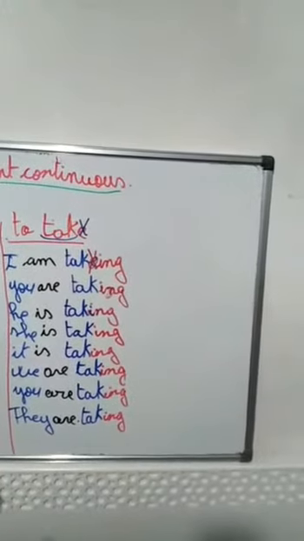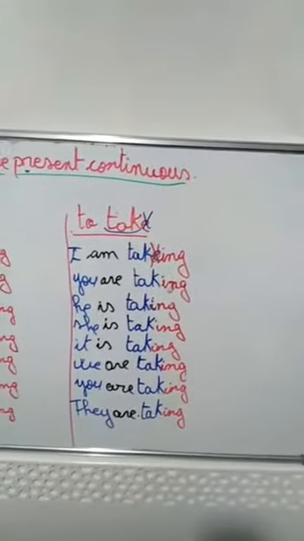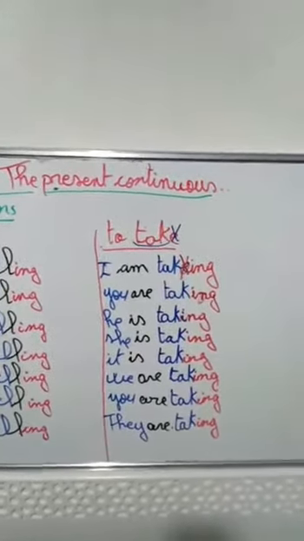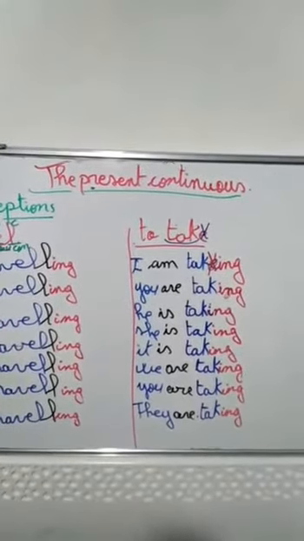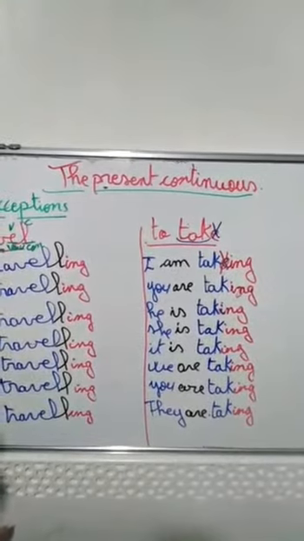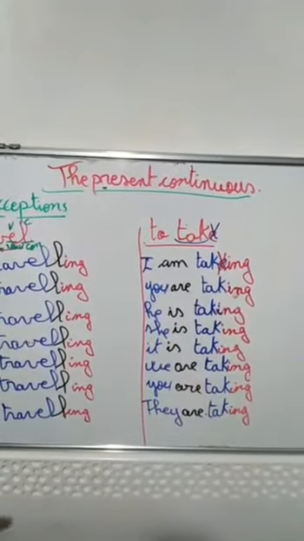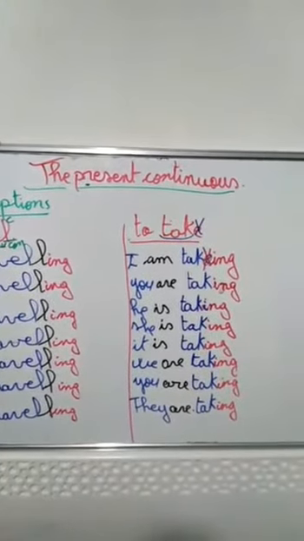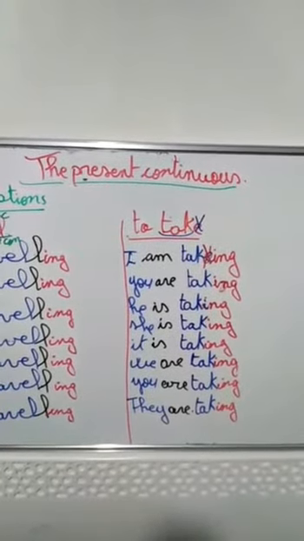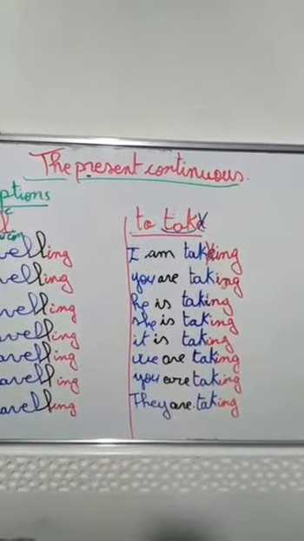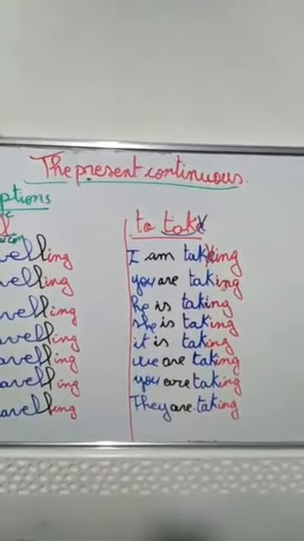Is this clear? So now let's move to the sentences, how to make sentences in the present continuous. As you know, there are three forms for the sentences: affirmative, negative, and interrogative.